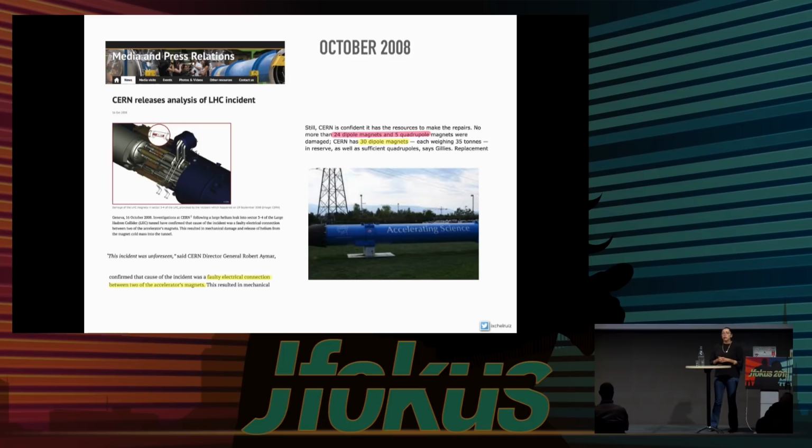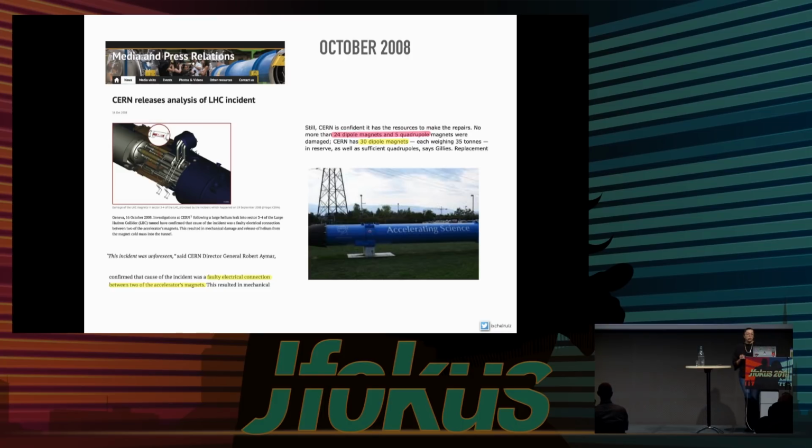What's the problem? This is a very big project. The company that actually created the magnets is no longer working on that, so they cannot build more dipoles. So CERN doesn't have room for any other error.